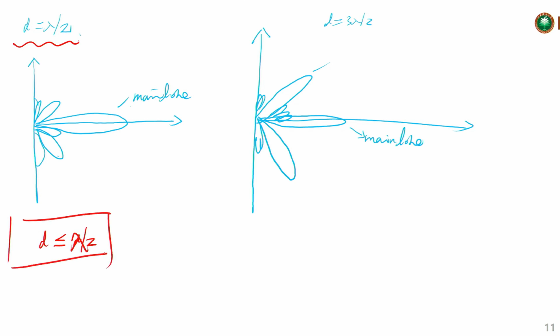With this condition, we have only one main lobe. Sometimes, if this condition is not met and we have these side lobes, they have their own name: grating lobes. It's grating, right? That means it is what we do not want, but it's generated unexpectedly like that.